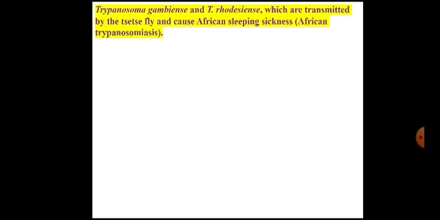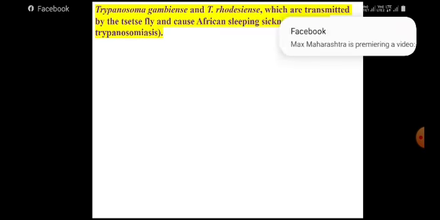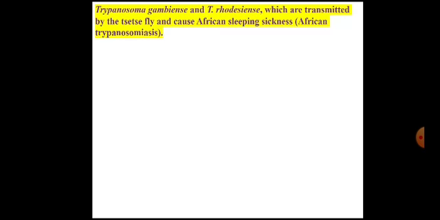They are responsible for a life-threatening disease, which is called African sleeping sickness or African trypanosomiasis. So as the name indicates, it occurs in the region of Africa only. That is due to the presence of this tsetse fly.